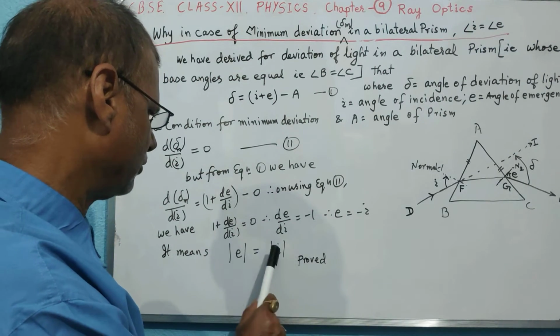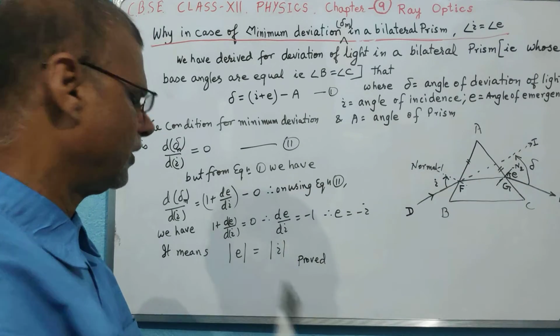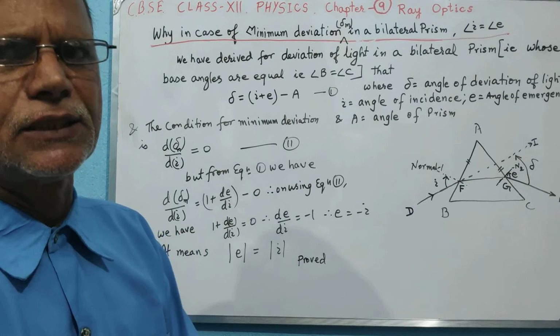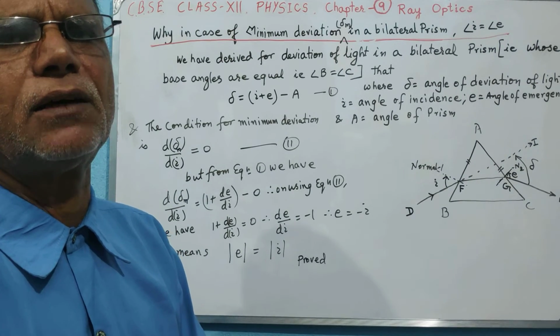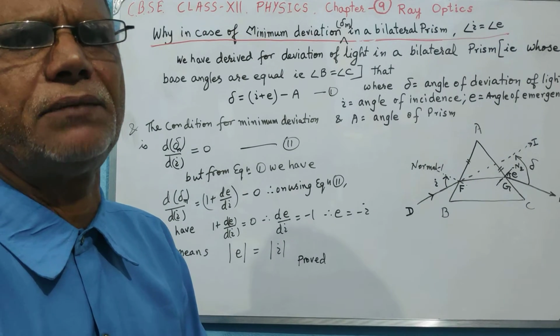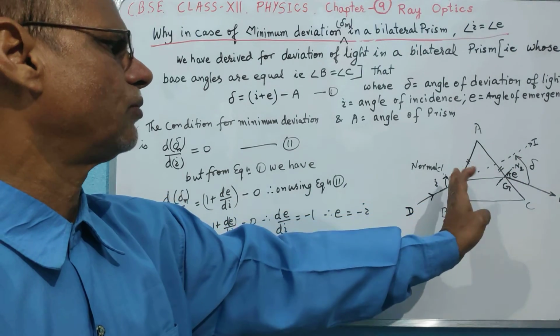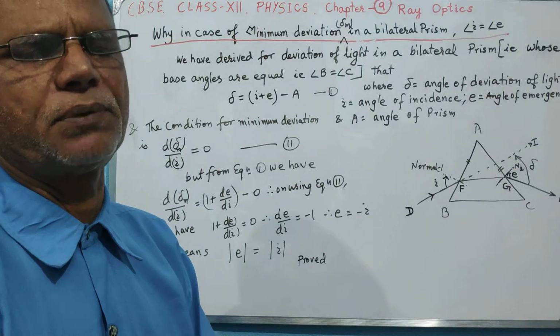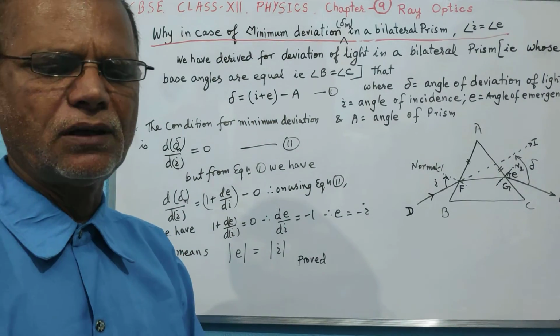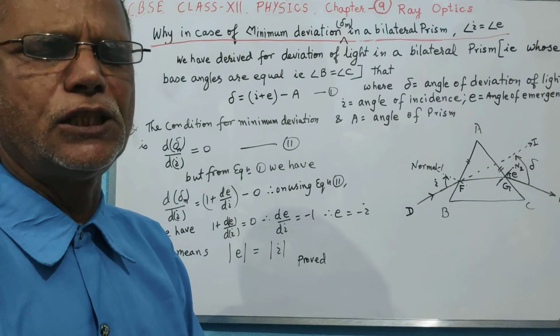That means the magnitude of the angle of incidence is equal to the angle of emergence when the ray is suffering minimum deviation due to the refraction taking place twice inside the glass prism. So that's all for this topic. Please enjoy learning.